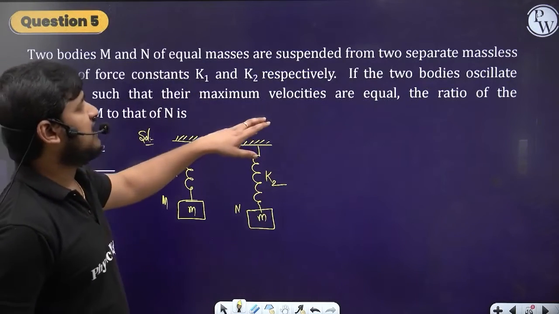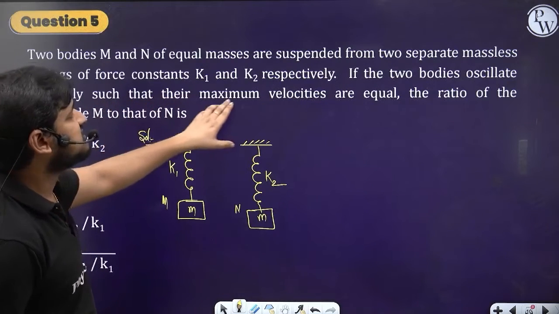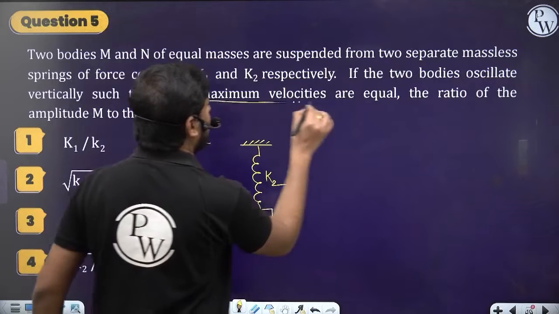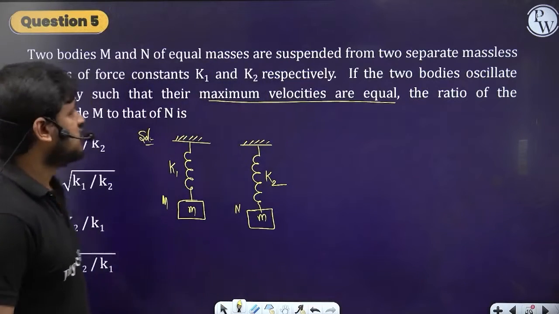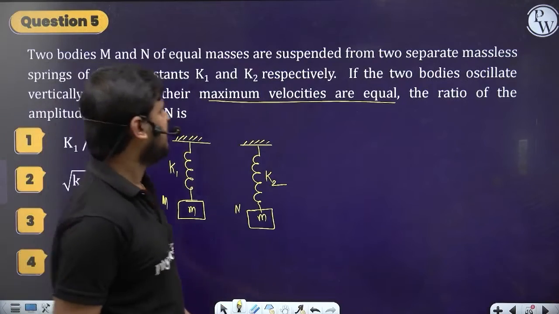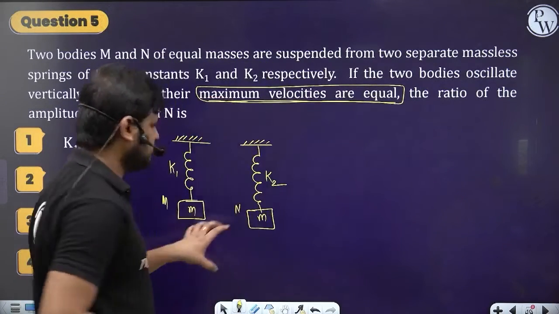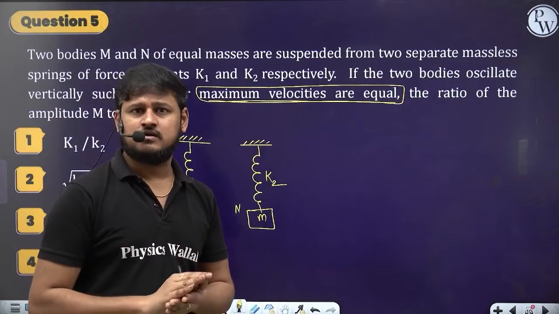If the two bodies oscillate vertically such that their maximum velocities are equal, try to understand this line. Then the ratio of amplitude of m to that of n is asked. When you release these masses, they do SHM. That part you know, right?